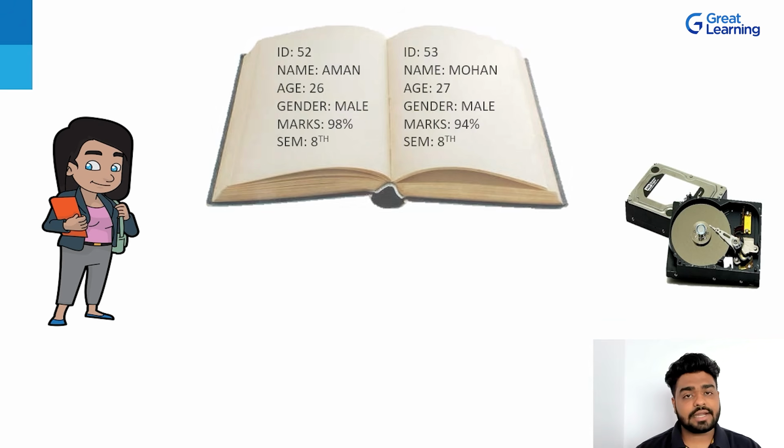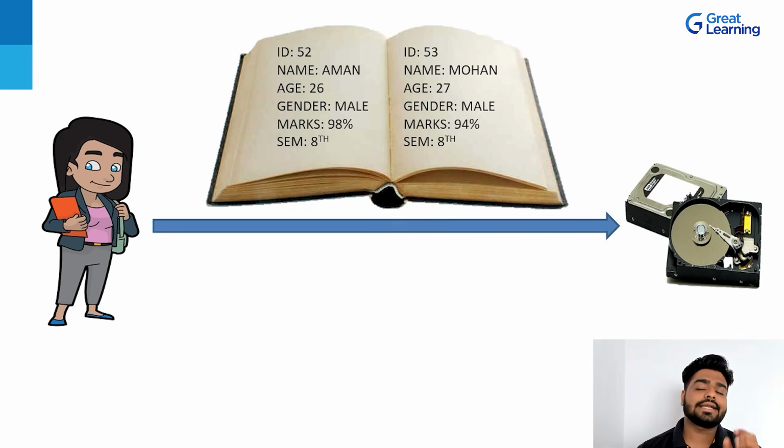We can't put this information directly into our hard disk. We need something. We were using programming languages, but programming languages are not able to capture all the database or all the different data. They have only limited capacity, and can only access or store a limited amount of data.